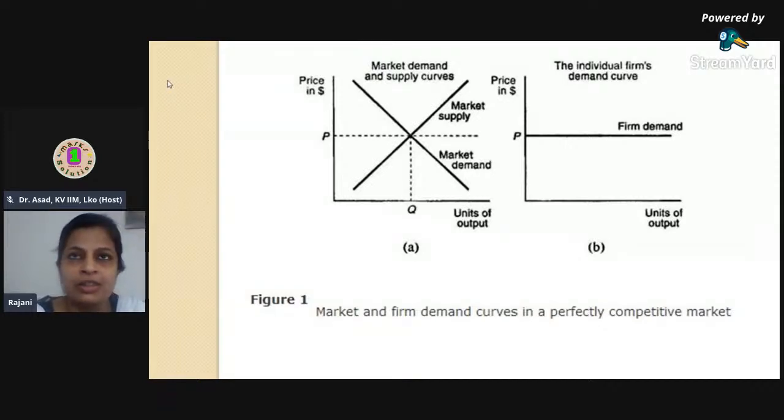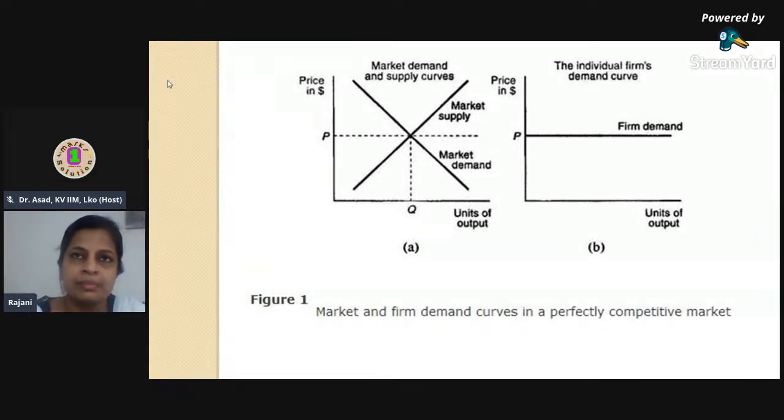Now you know that market has a wider scope in economics. It is not a place for buying and selling of things. It's like interaction of demand and supply is done in the market. So market demand and supply curves, the equilibrium price, and what are the different forms of market, that's what we are going to discuss today.